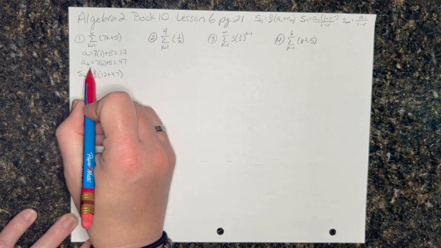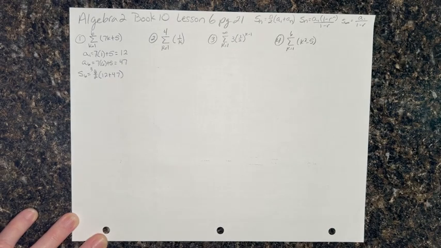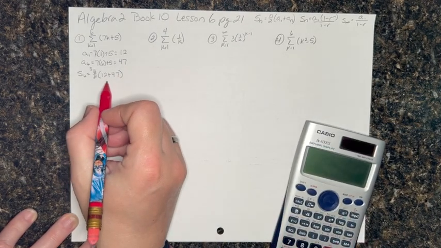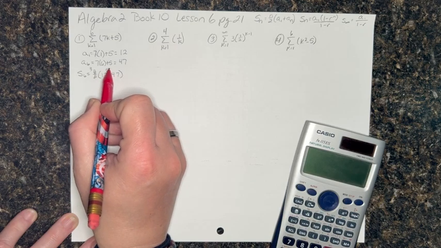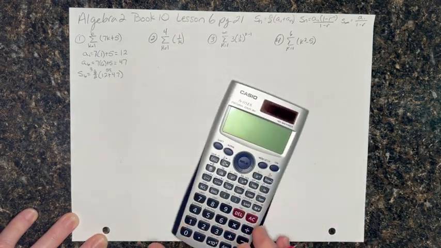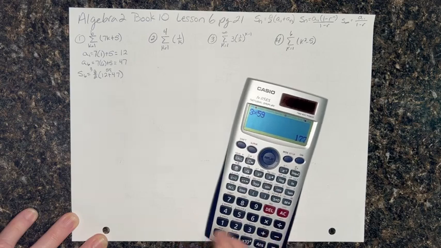This reduces to a 3, all right? 12 plus 47, that's 59. So 3 times 59 is where we're at here, which is 177.